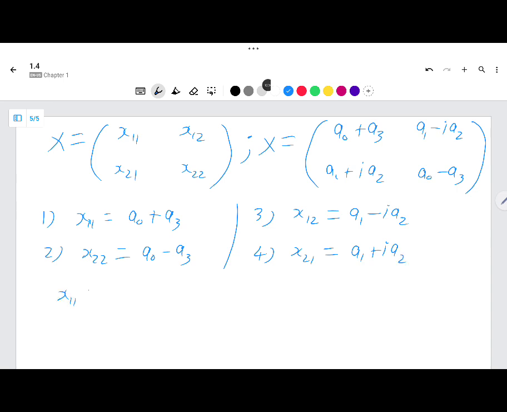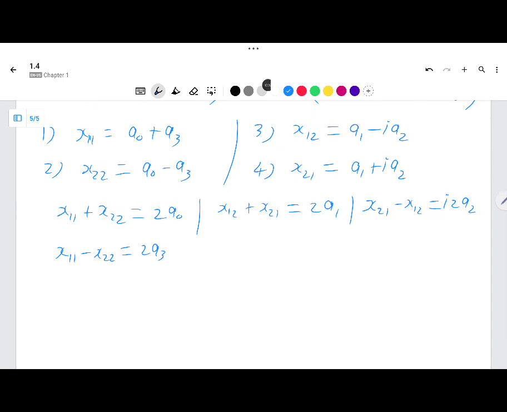So if we sum up these things, we get 2 a0. Then we can sum up x12 plus x21 to get 2 a1. Similarly x21 minus x12 gives me 2i a2, and x11 minus x22 gives 2 a3.